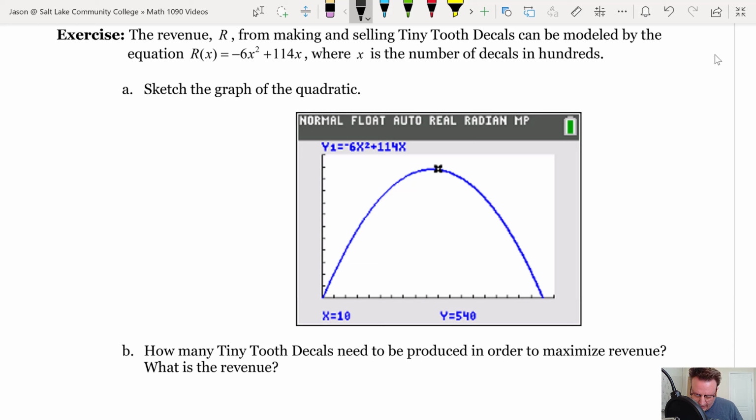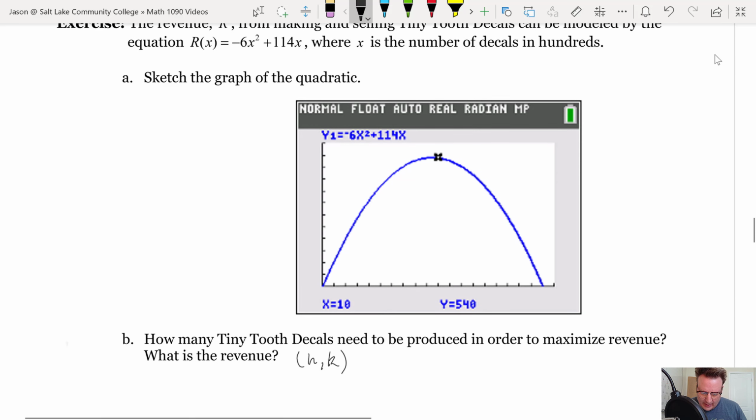That point at 10, 540 is probably pretty close to the vertex, but it's not exactly at the vertex, I would bet. So we want the vertex h comma k. What do we need to do to get that? We need to remember the formula for h. H is negative b over 2a.